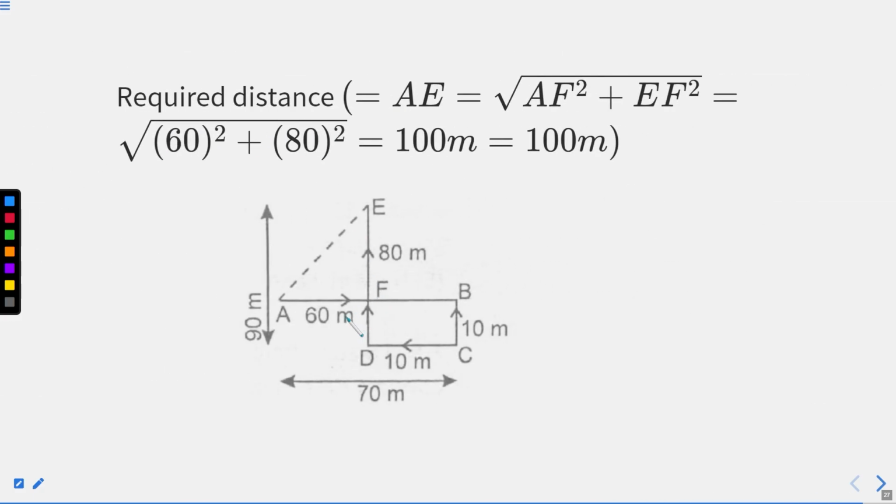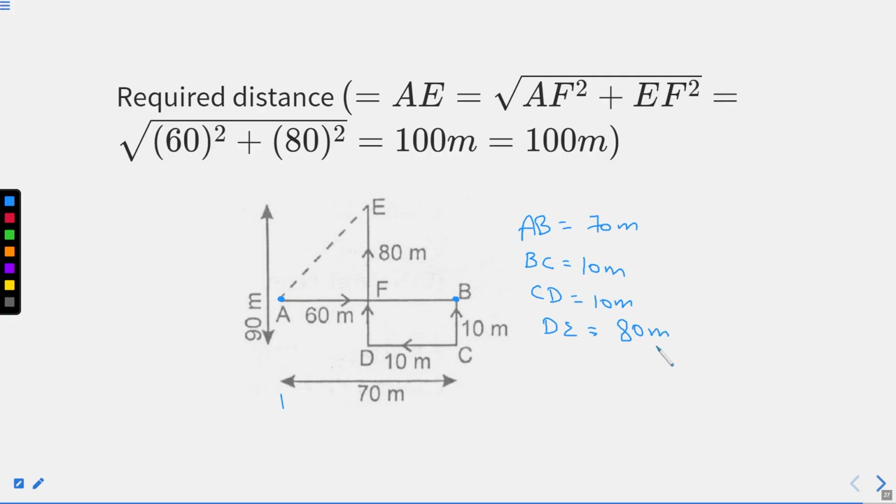So AB is 70 meters in total. And then he took a 10 meter turn to point C. It means BC is 10 meters. And then CD is also 10 meters, right? You can see in the diagram as well. And from D to E, he moves 80 meters.